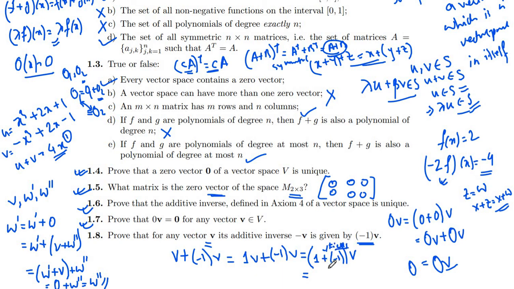So this is just the addition operation of the field, and this is an element of the field, and this is the inverse of that element, or you already know 1 minus 1 is 0, right? So this is 0 times v. We just proved that 0 times v equal to 0, right? So see, if you add this particular thing with v, you get 0, so this better be the inverse of v, and we write the inverse as minus v, so minus v is equal to minus 1 times v.